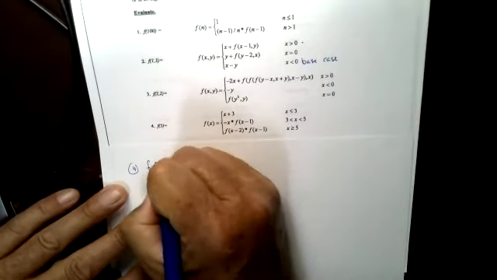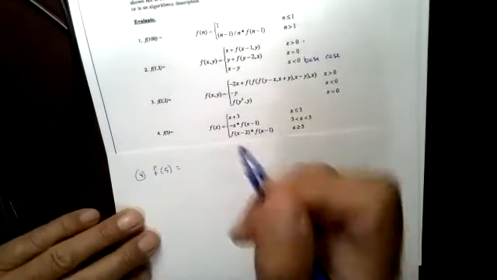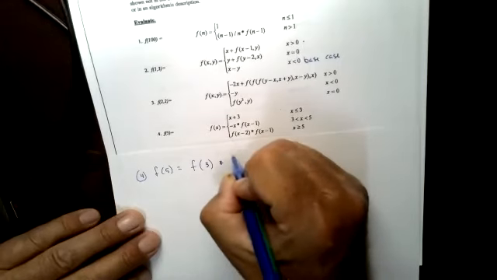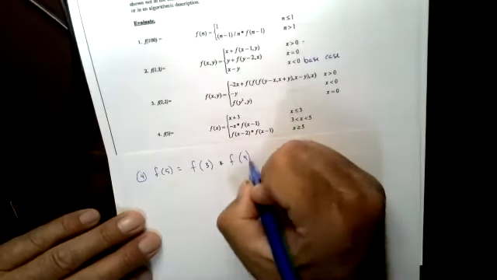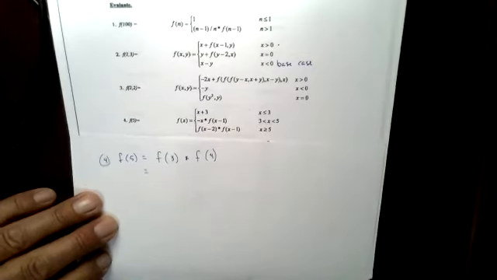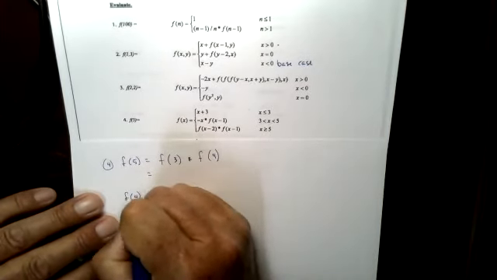F of 5. That'd be the third case. Yep. That's going to equal f of 3 times f of 4. How's that? Now it's straight. All right, so now I need f of 4.